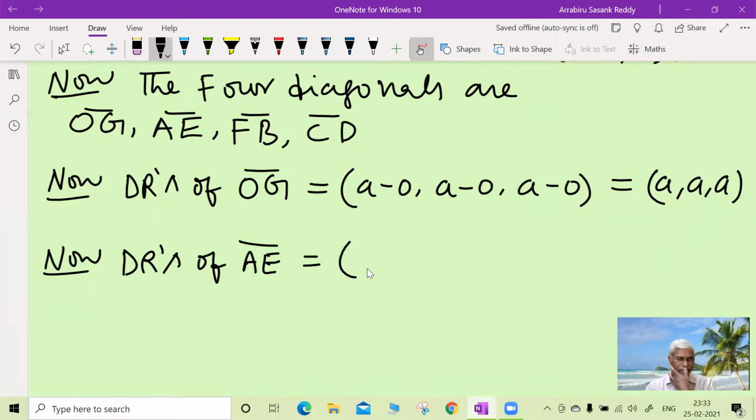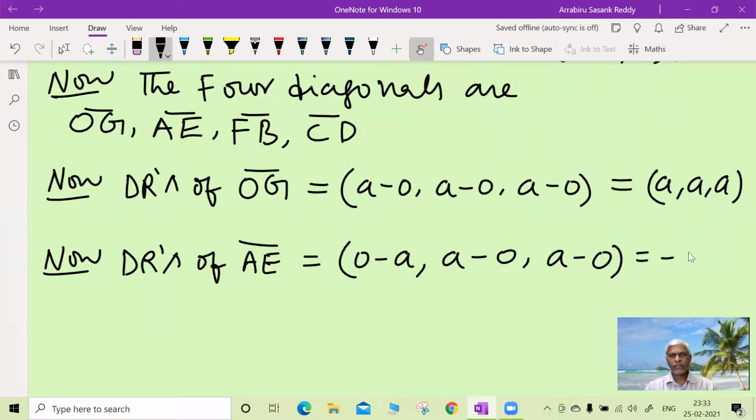Same x2 minus x1: 0 minus a, a minus 0, a minus 0, that is minus a, a, a.